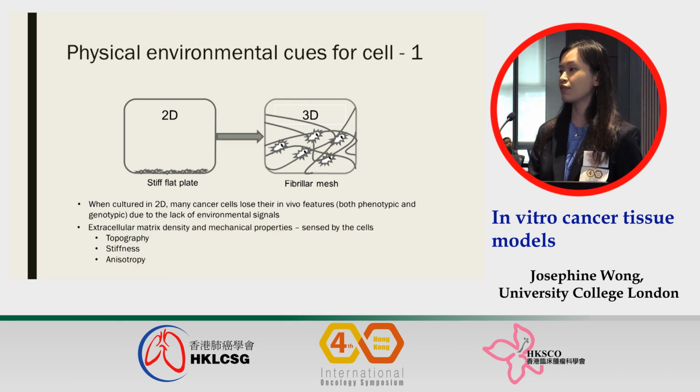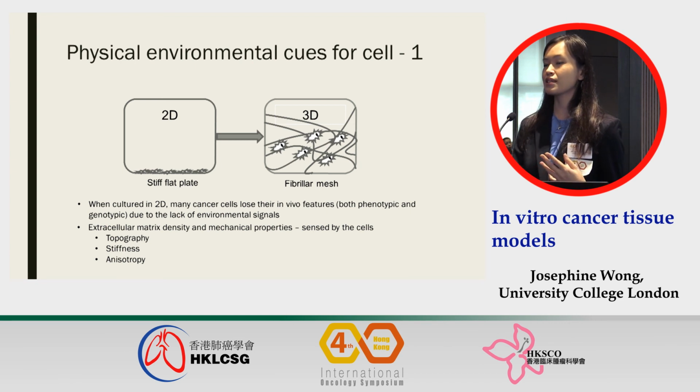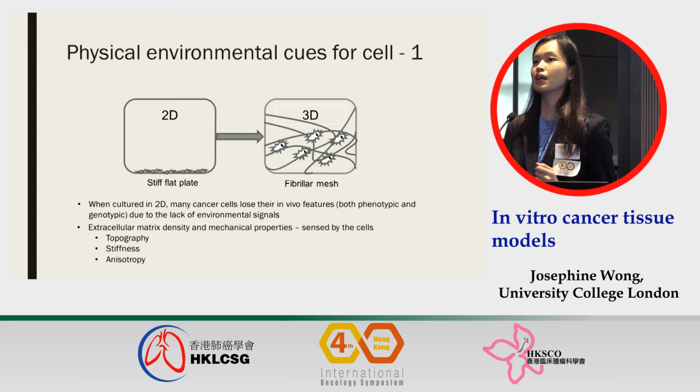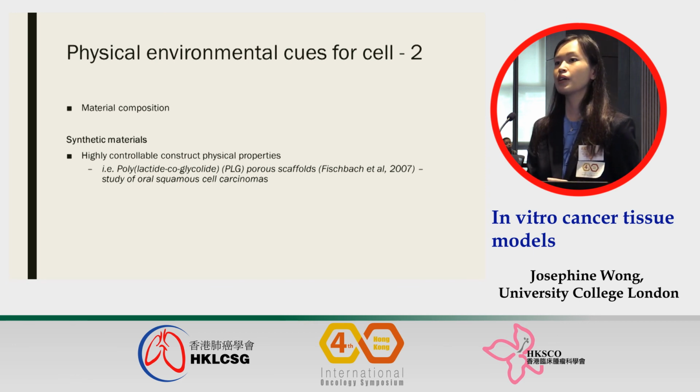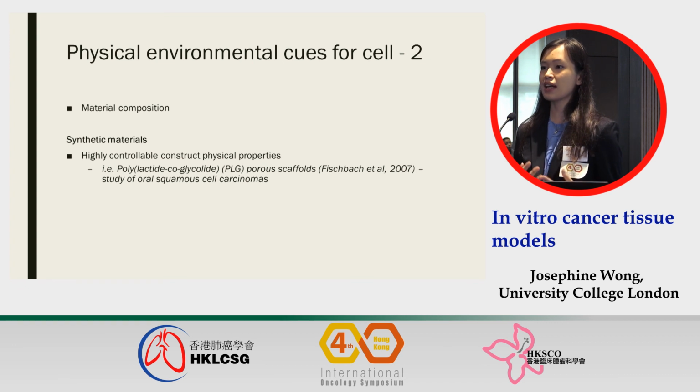Other considerations for the physical environment include mechanical properties, so the stiffness of the material and the sort of architecture and other proteins that you might find in the natural cell environment. So another important consideration is what your material is made of. There are two main types of material classes. The first one is synthetic materials. They're favored because of their highly controllable construct physical properties.